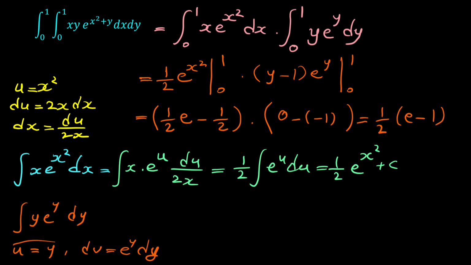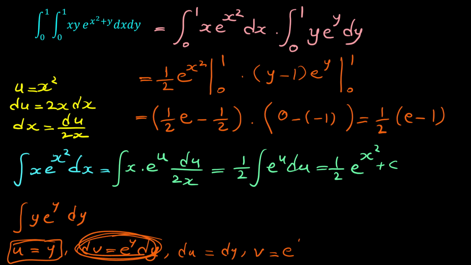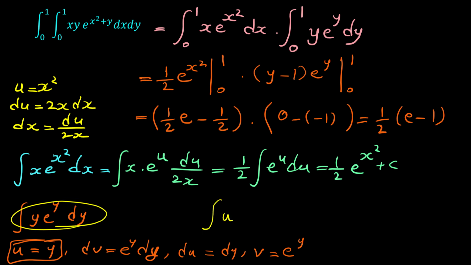From this relation, du is dy. And from this relation, if we integrate both sides, v is e to the y. Now we have everything ready for finding the answer of this integral. Let me remind you of the integration by parts formula: integral of u dv is uv minus integral of v du.